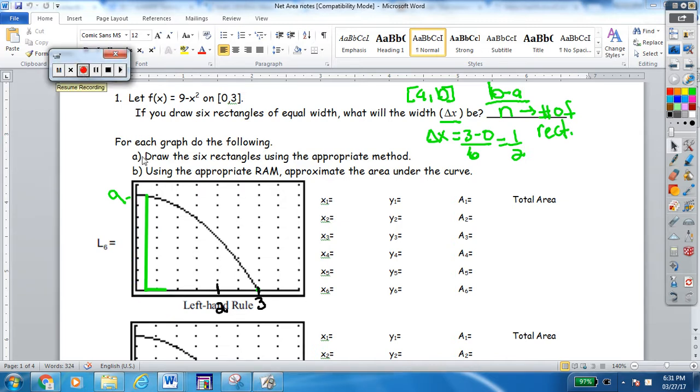Okay, so I think I found a better way to do this. The pencil was giving me a hard time. So I'm just drawing lines. So the width is 1/2, as we stated earlier. And I just go all the way till I touch my function. In that case, it's actually 9.